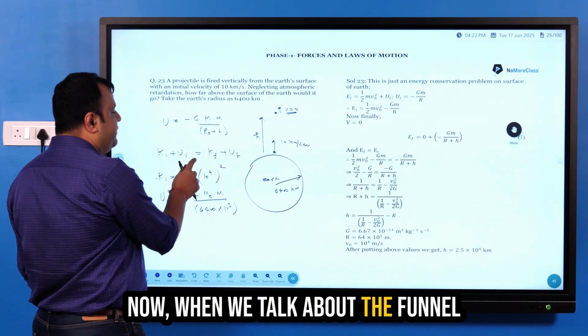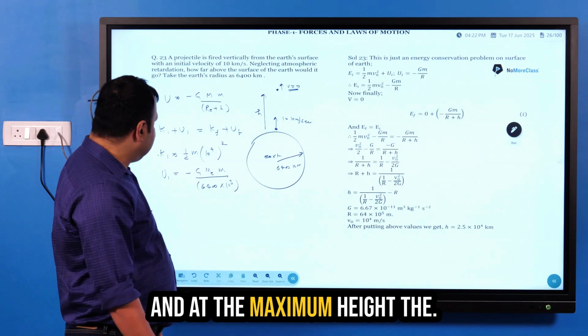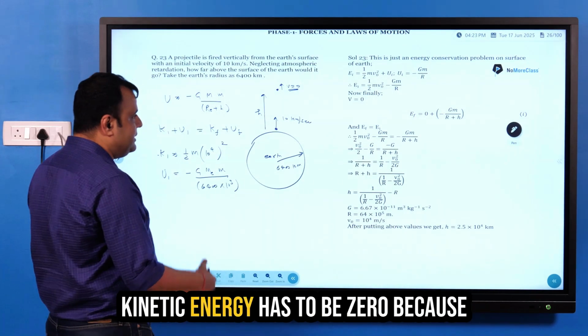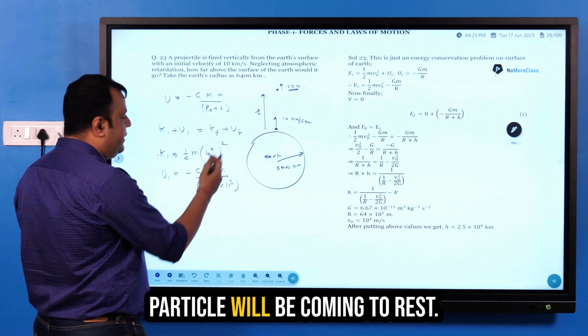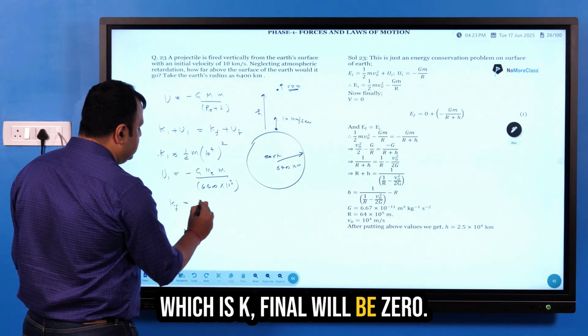Now, when we talk about the final kinetic energy, obviously, we are looking at the maximum height. And at the maximum height, the kinetic energy has to be 0 because the particle will be coming to rest. So final kinetic energy, K final, will be 0.